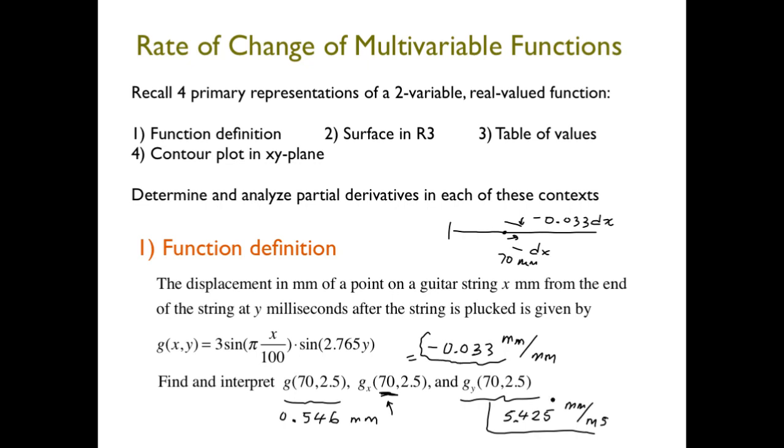Okay, now I want you to interpret this number. What does the 5.425 millimeters per millisecond mean? Talk to the person next to you.